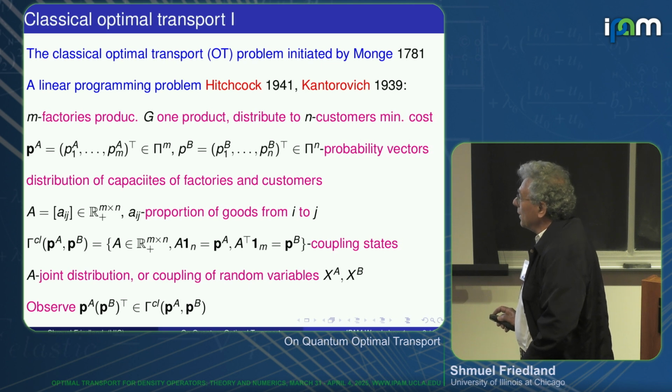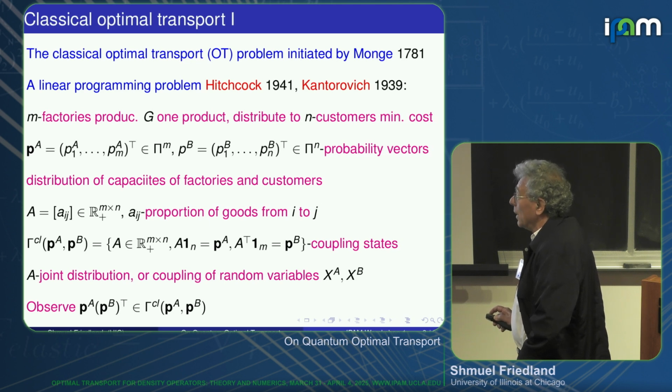So P_A is a density, it's a probability, and so P_A1 means how much factory 1 produces, let's think about shoes. And P_B is how much of this production the store number 1 gets, okay?